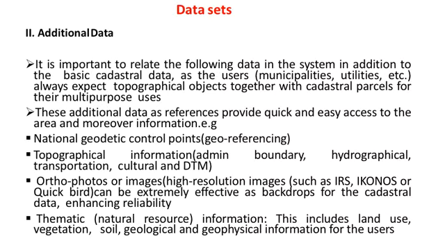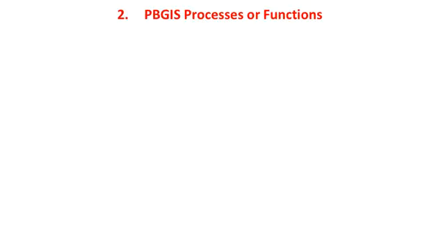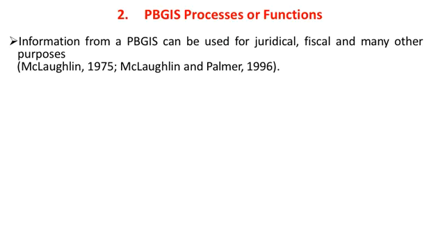Even thematic natural information, which includes land use, vegetation, soil, geological and geophysical information for the users. Information from parcel-based GIS can be used for geological, fiscal, and many other purposes, as proposed in 1975 and 1996 by Plummer.